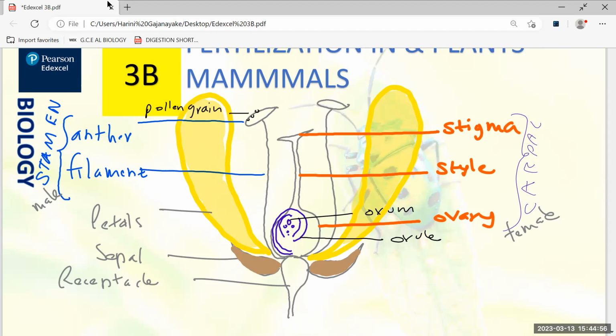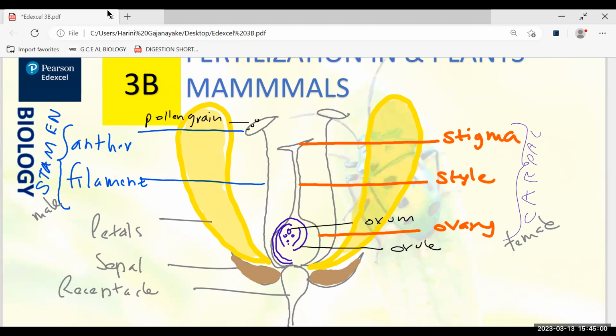Right, can you copy this one? Maybe make it smaller because there are, I think, 2 pages.